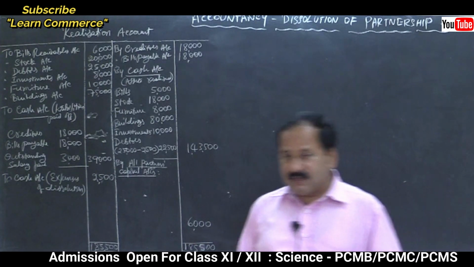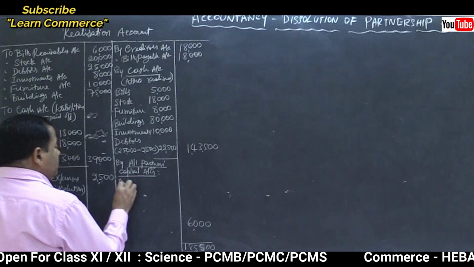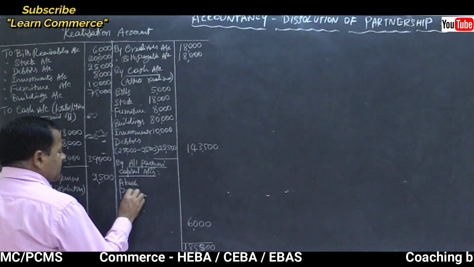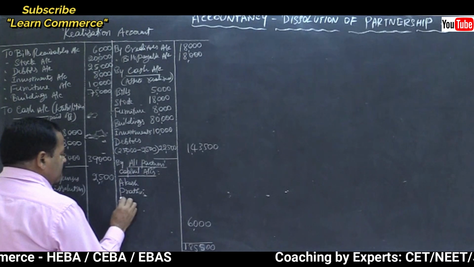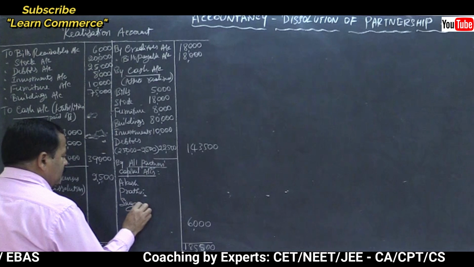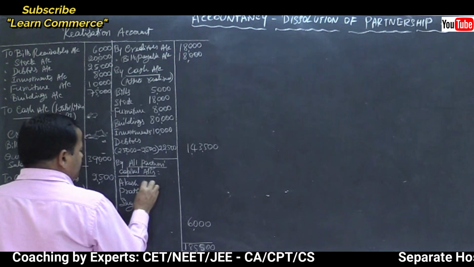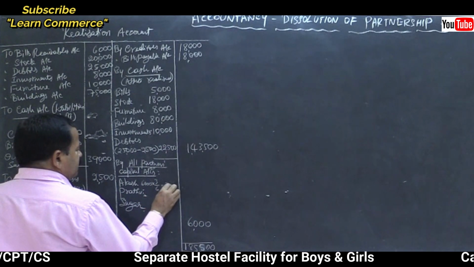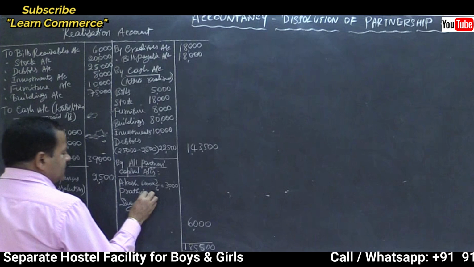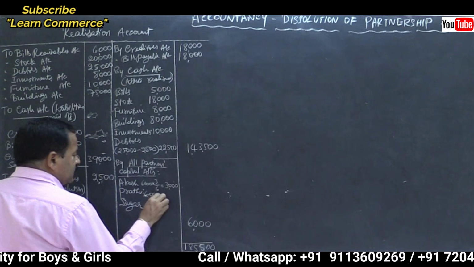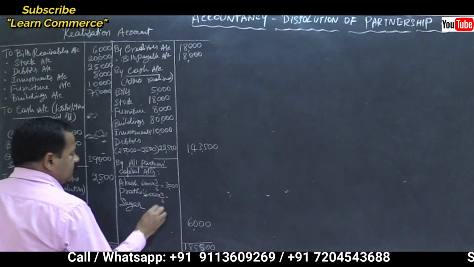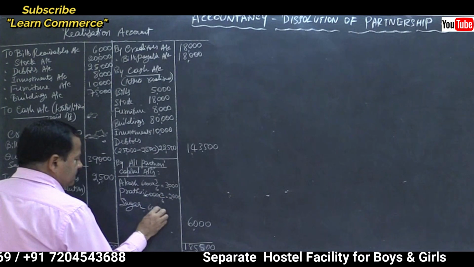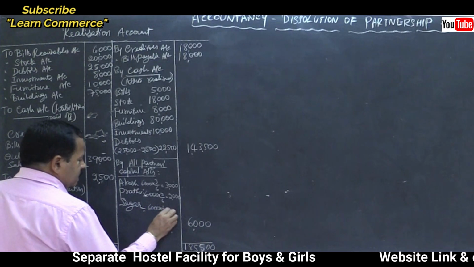Akash, Prithvi and Sagar, isn't it? 6,000 into 3 by 6 is equal to 3,000. 6,000 into 2 by 6 is equal to 2,000, and 6,000 into 1 by 6, 1,000.